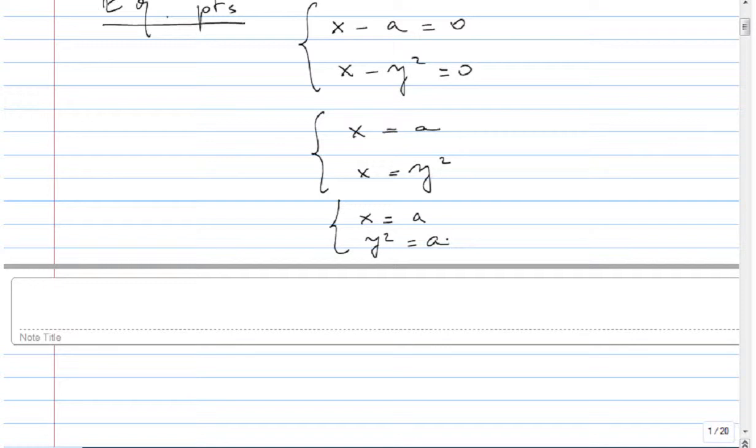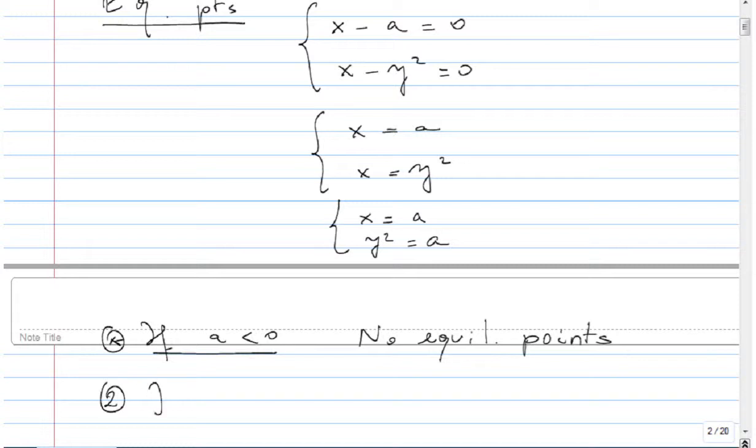So here the conclusion is very quick. Number one, if a is negative, the second equation has no solution, so we have no equilibrium point. Two, if a is equal to 0, in this case we have one equilibrium point, (0, 0).